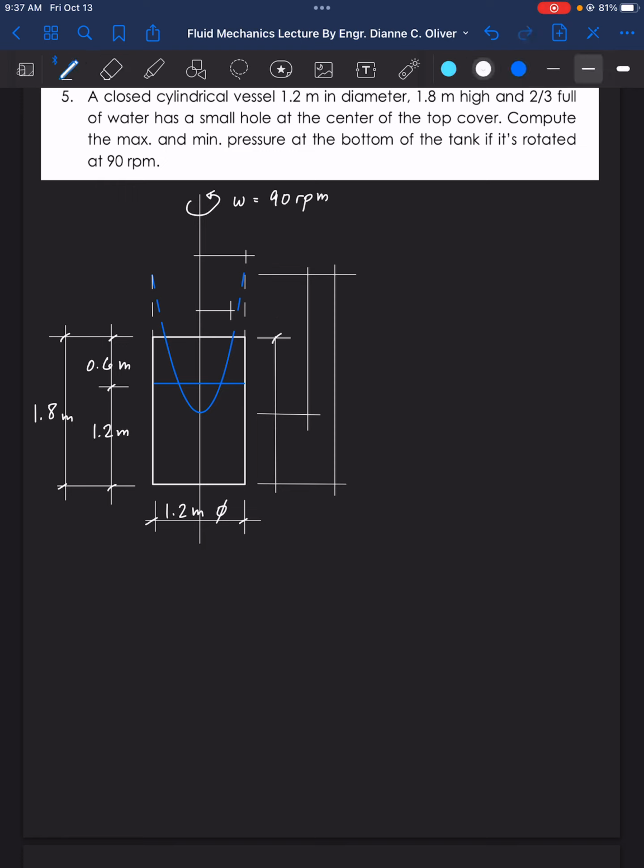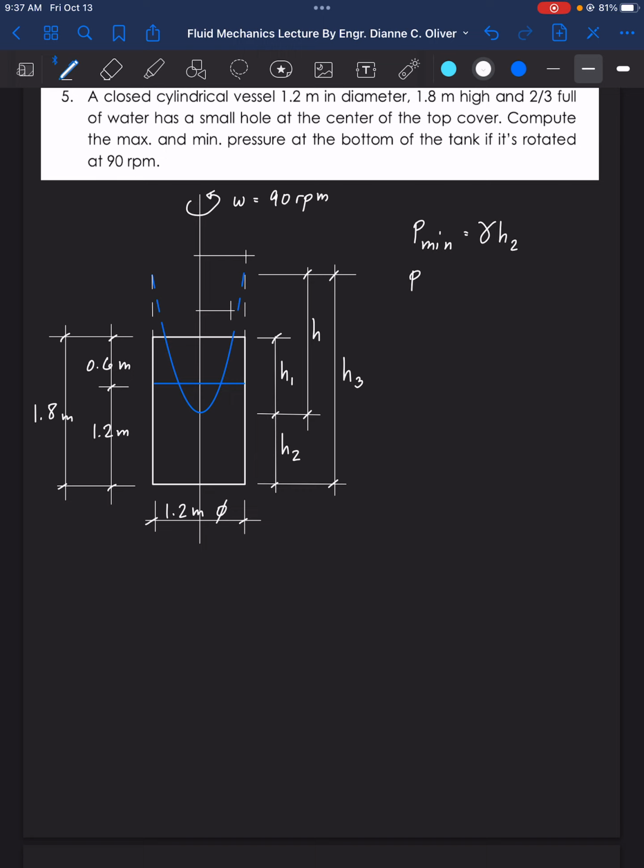So this is the height of the paraboloid. Let's name that as H1. And this will be the H2. We need the H2 for the minimum pressure. So for the P minimum, we need the gamma H2. Now for the maximum pressure, let's name this paraboloid here H. And this is the H3.